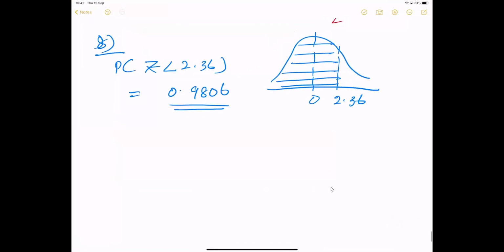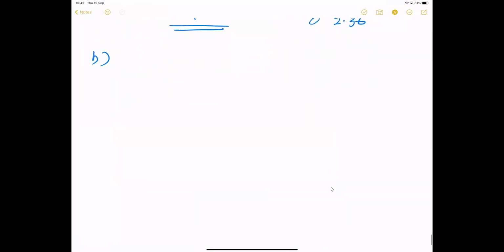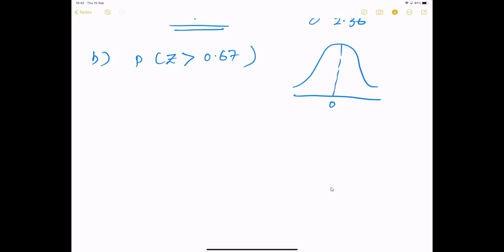So part B. Part B is Z greater than 0.67. What is that? 0 is here, and this one is 0.67, right? This is the area we want to find.